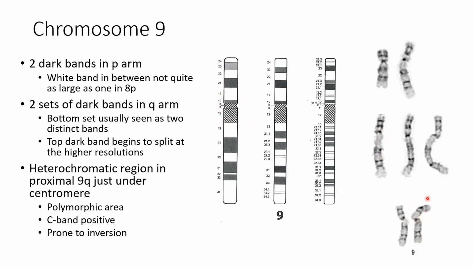So this is the one inversion, actually, I shouldn't say just one. There are several inversions right around the centromere on various chromosomes that are known polymorphisms. Again, no reproductive or clinical consequences from this.